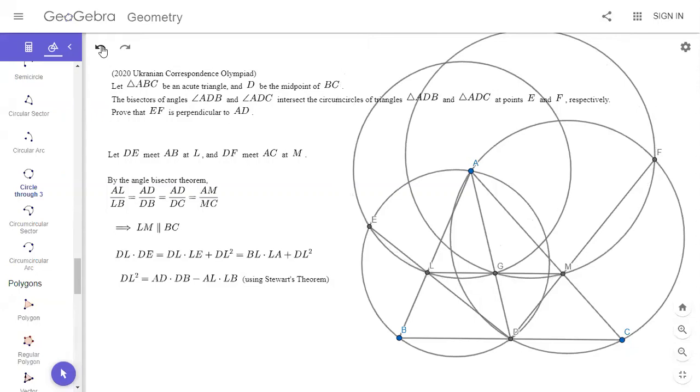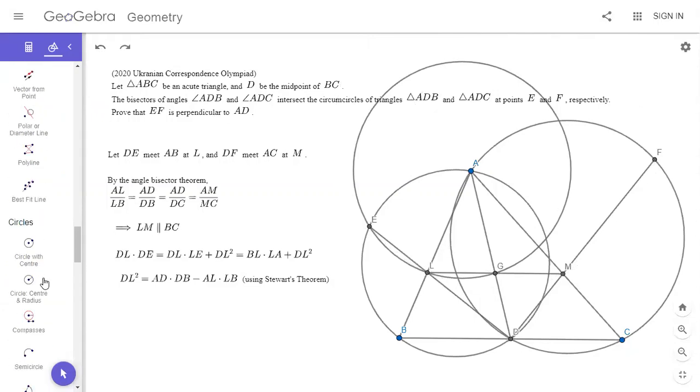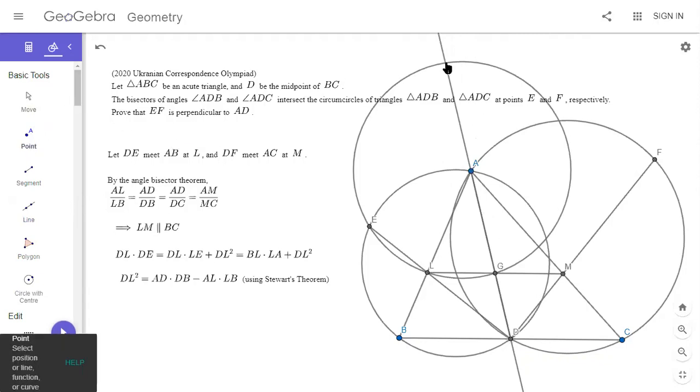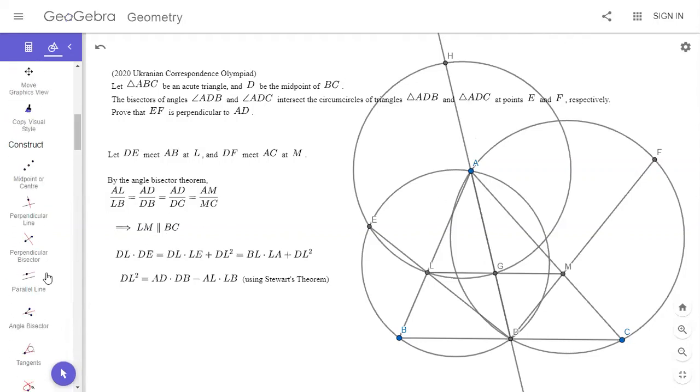Let's see. So, if we let AD meet that at H, can we show that HGMF is cyclic? And then we could use the radical axis theorem.